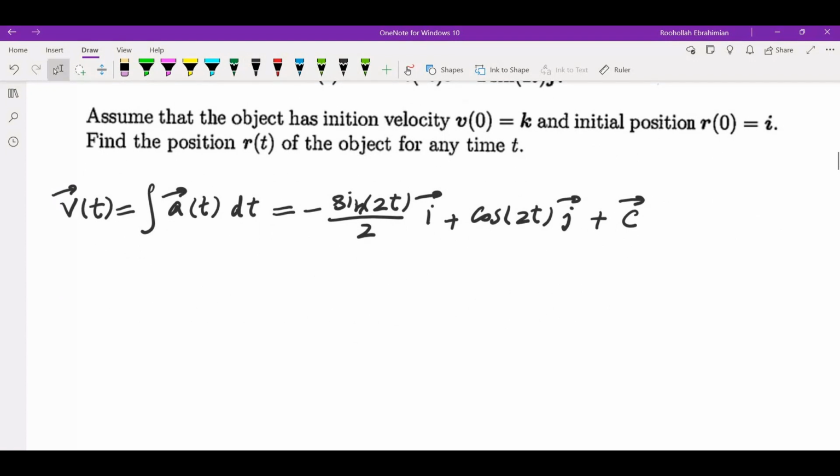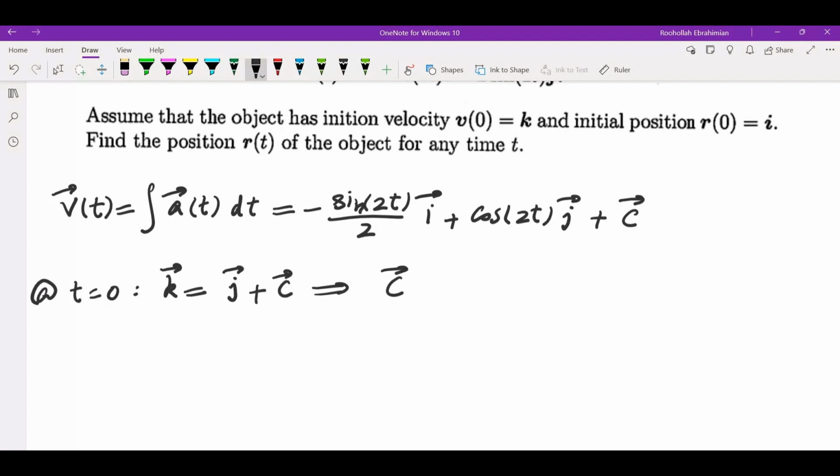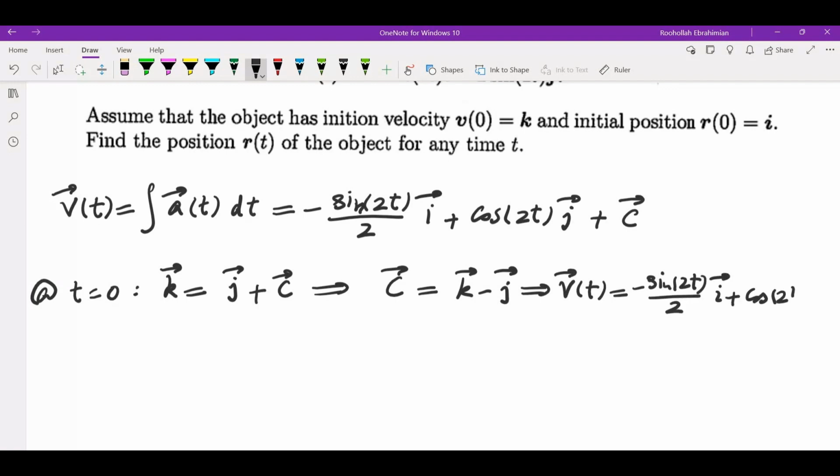Now they told us that when we plug in 0, velocity is k. So at t equals 0, we get k equals sine of 0 is 0, cosine of 0 is 1, so j plus c. So this tells us that c is equal to k minus j. So v of t is equal to negative sine of 2t over 2 i plus cosine of 2t j plus k minus j.